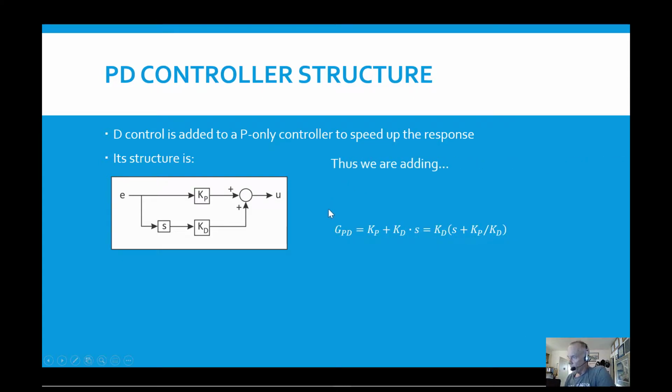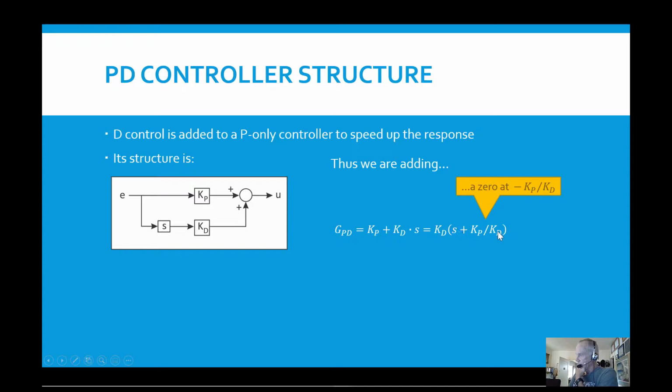And then if we look at this, we get the transfer function for a PD controller, simply Kp plus Kd times s. And we can manipulate that algebraically and see that we have a 0 at this value right here, negative Kp over Kd, because if I put that value into here, it makes this whole thing 0.